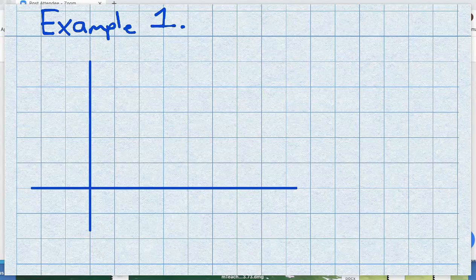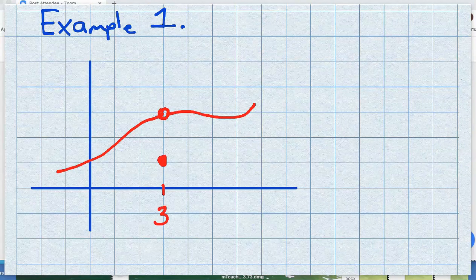So let's say I draw a graph and it goes to here, and I'll put an open circle there, and let's say I go out of this and I redefine it right here. Now, graphically, if I said, is this continuous? Hopefully you guys would be like, no, of course that's not continuous. It doesn't look continuous. And you'd be right.